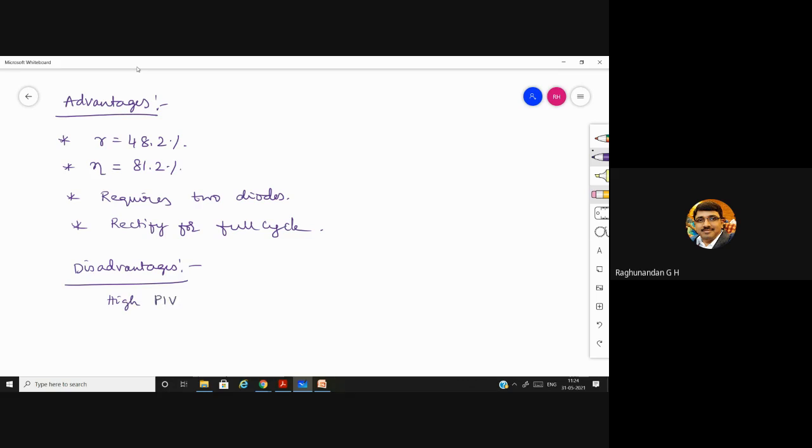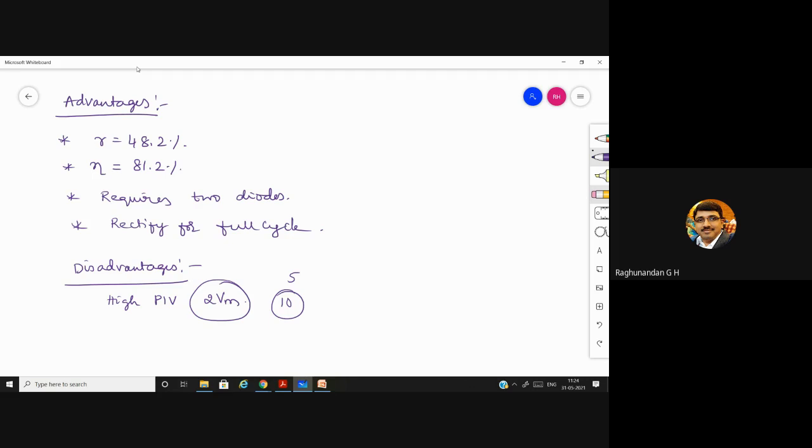So whatever diode you are going to use should be capable of withstanding 2 VM peak inverse voltage. That means if VM is 5, then the diode should be capable of withstanding 10 volts reverse voltage. Usually we consider the higher withstanding voltage. So that's why it should be 2 VM.